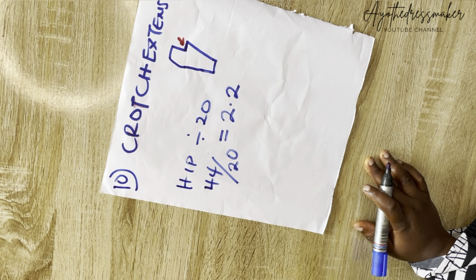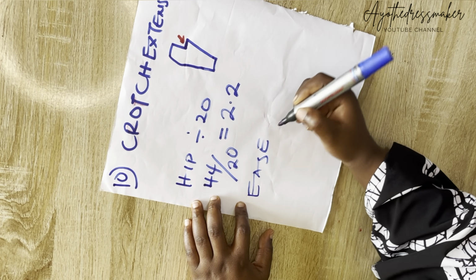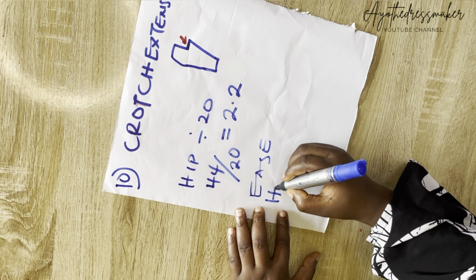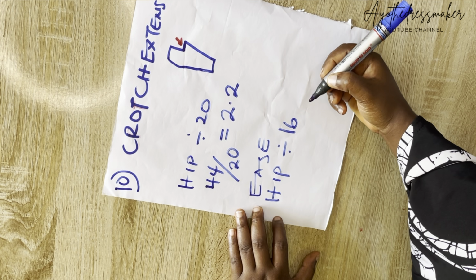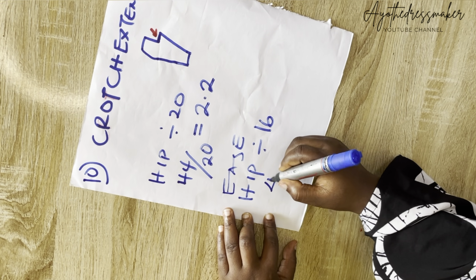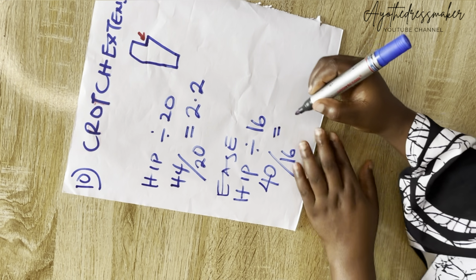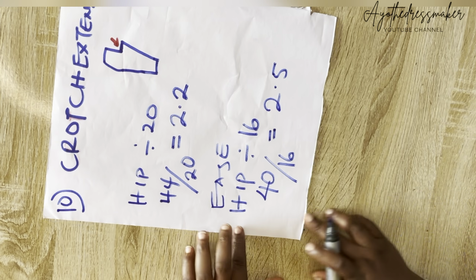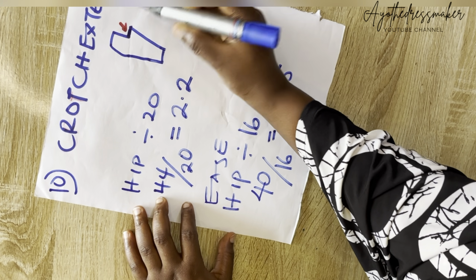And for other trousers that are not fitted, where you want ease, I always use hip divided by 16 instead. Take for instance a client using hip size 40, divided by 16, we are going to get the value of 2.5, and that is what we are going to use for the crotch extension, especially for a free trouser.